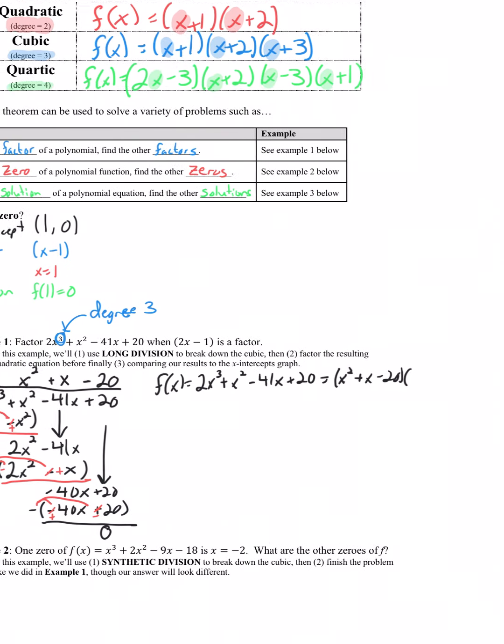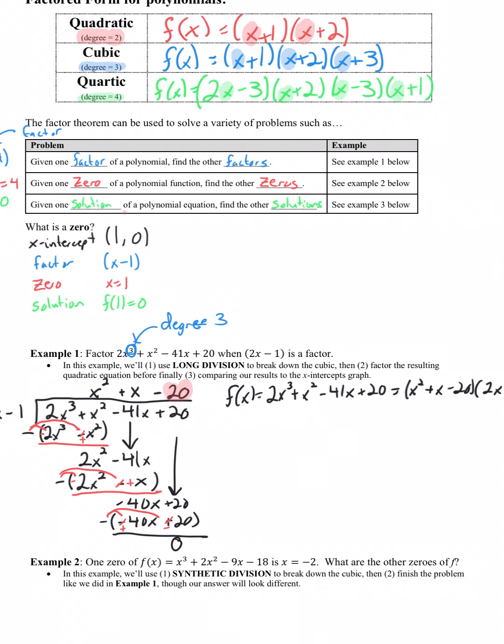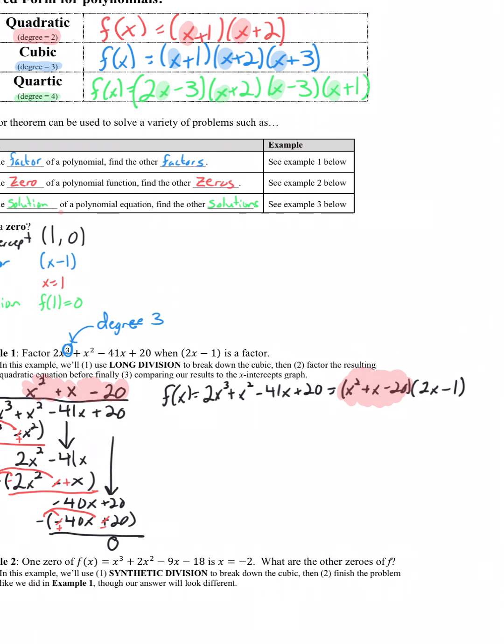If I multiplied x squared plus x minus 20 times 2x minus 1, I'd be back in standard form.